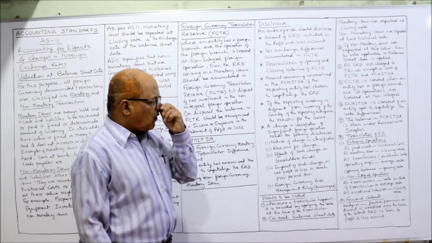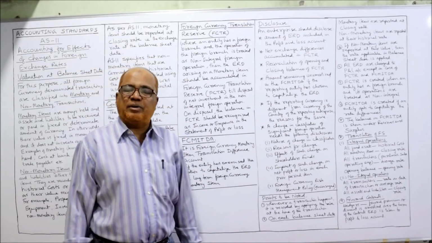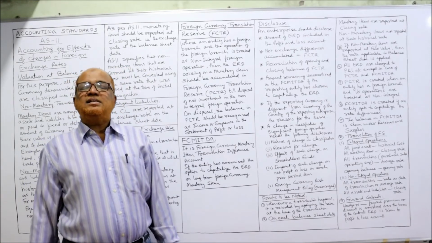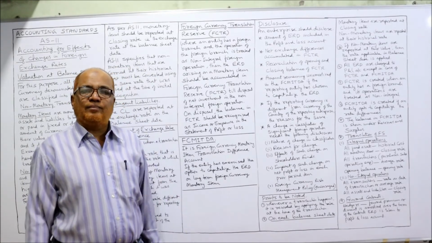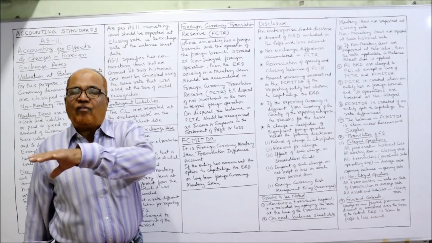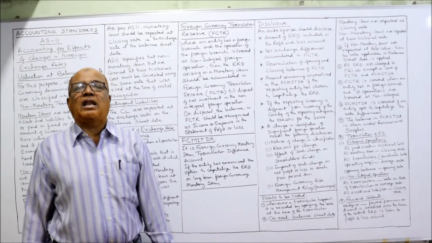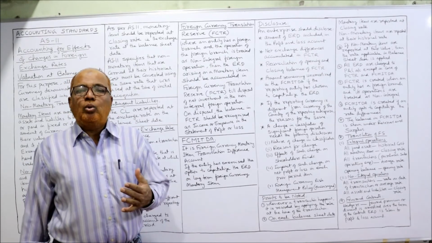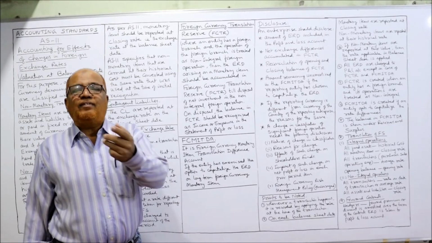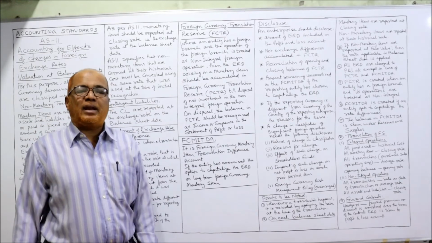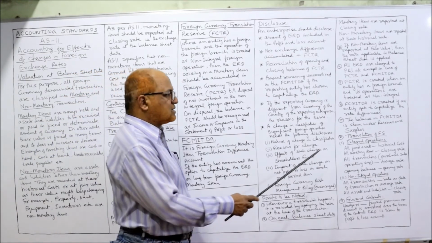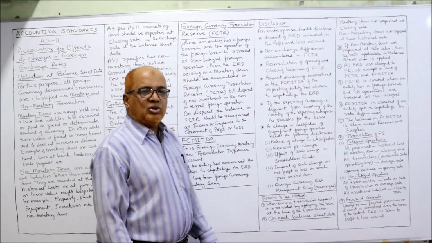Now, translation of financial statements. When a business has foreign operations, the financial statements of foreign operations should be translated into the reporting currency. So, what are the rules for translating the financial statements of foreign operations? Here AS11 has given integral operations.